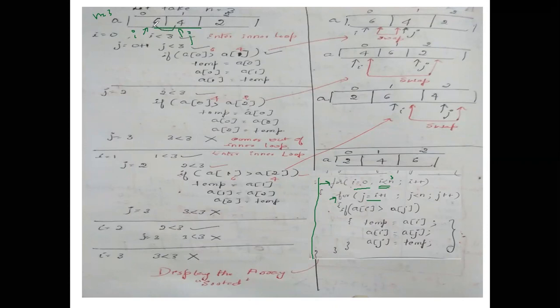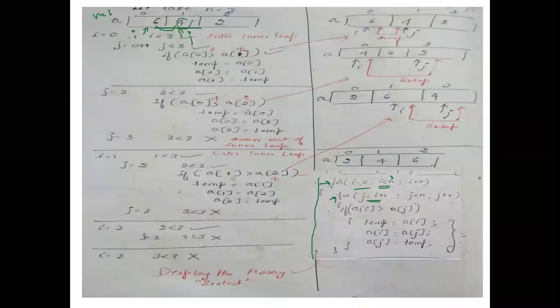For that purpose, i will start from 0 and j will start from i plus 1. What is i? i is 0, plus 1 it is 1. So j will be pointing to the next element.